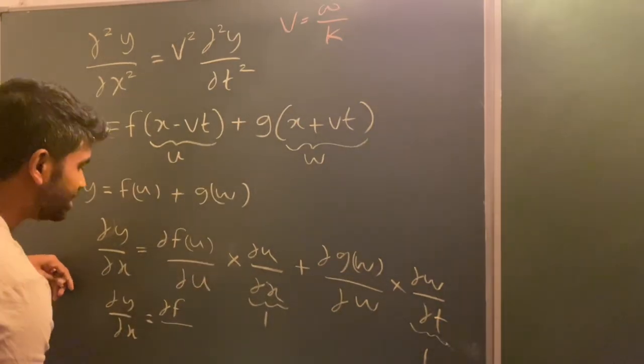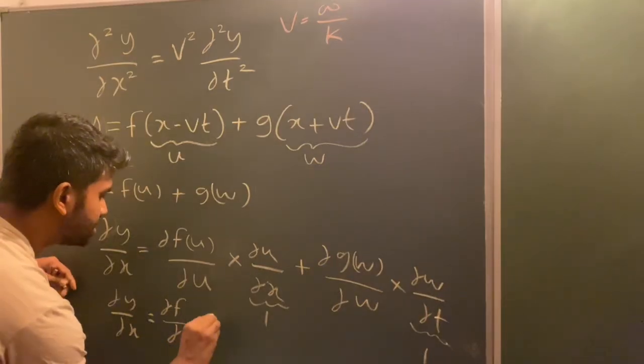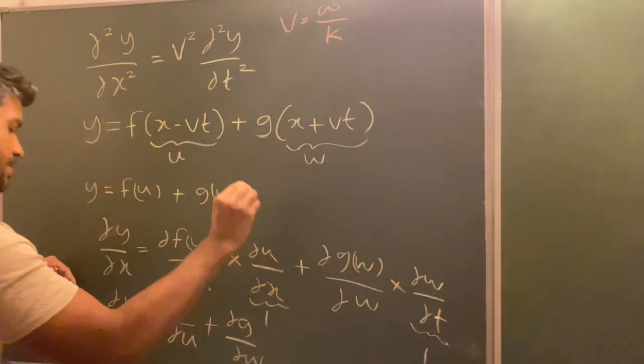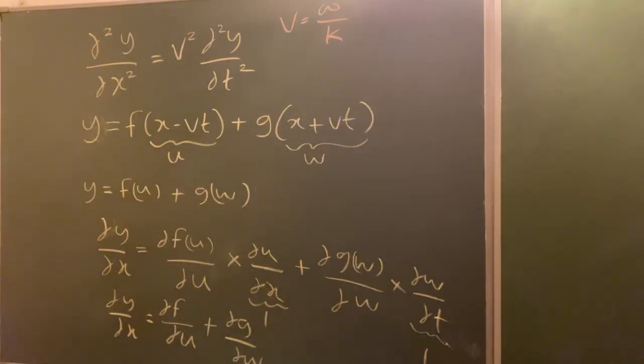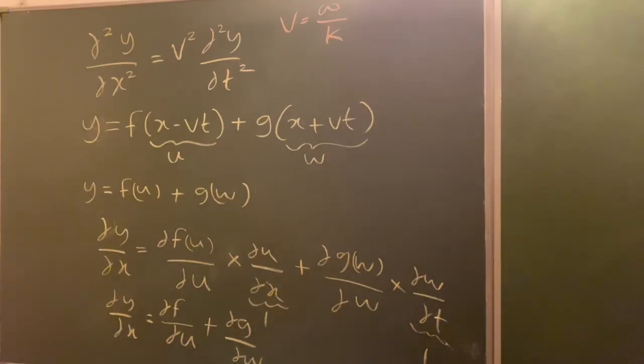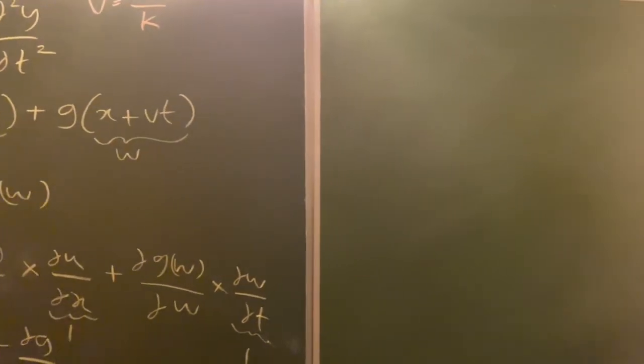U is there, don't forget that. Plus here we have dabba g over dabba w, right? It's not over yet. That's my first attempt, right? And then slightly move these, I have to start over here.